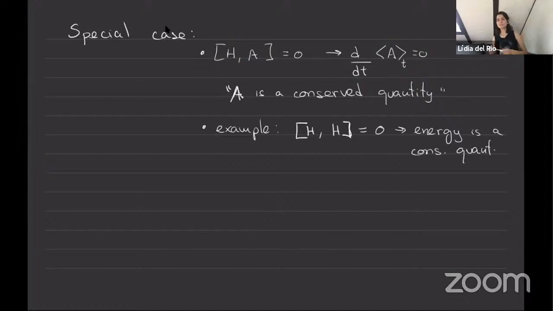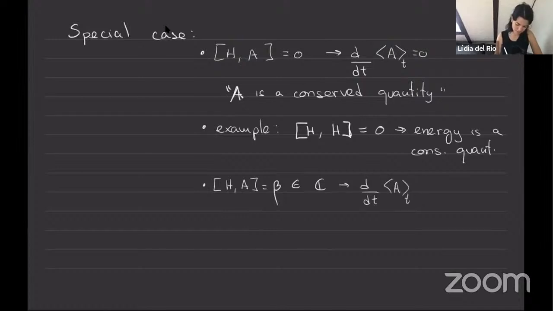Okay. Good. Let me just do one more example. We didn't do this one in the lecture, but suppose that this is some constant, let's call it beta, in C. Okay, so then what is d/dt of the average of A of t?